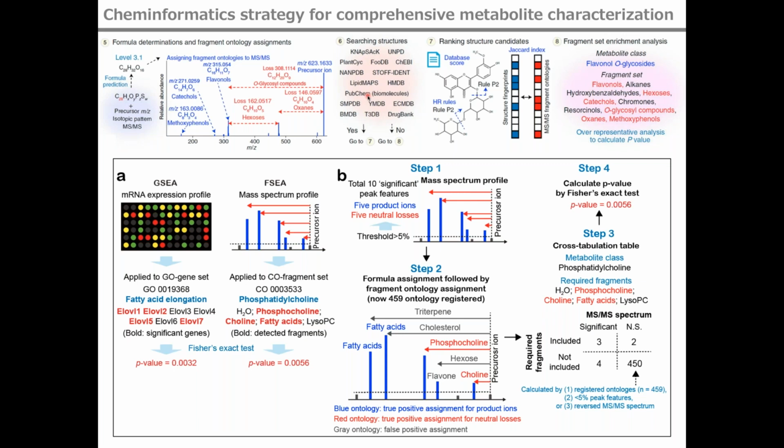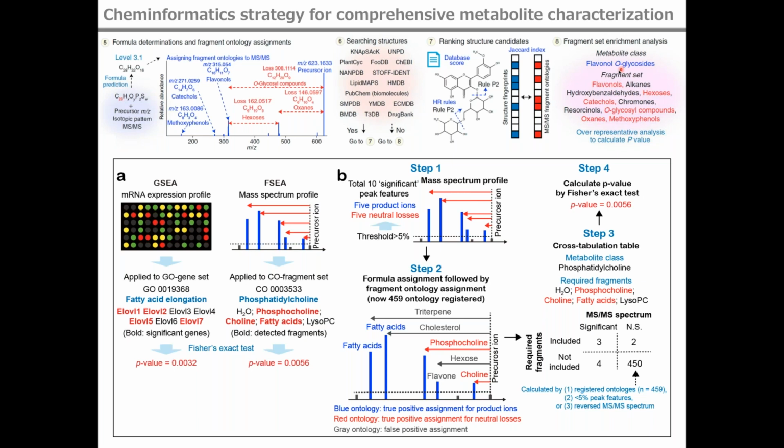However, especially in natural product chemistry, we will encounter cases where we cannot find any structure candidate from the target molecular formula. Therefore, to increase the information for metabolite annotation, we created one methodology, fragment set enrichment analysis, to recommend the metabolite classes by Fisher's exact test.